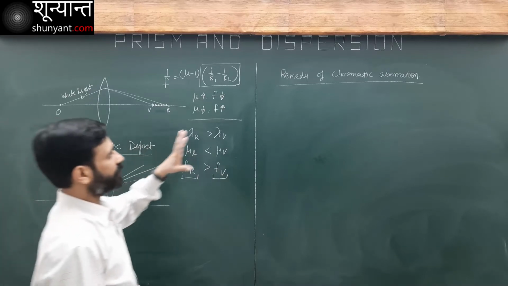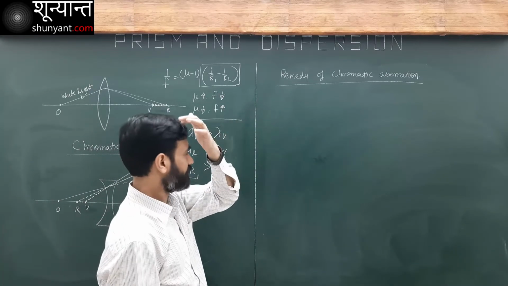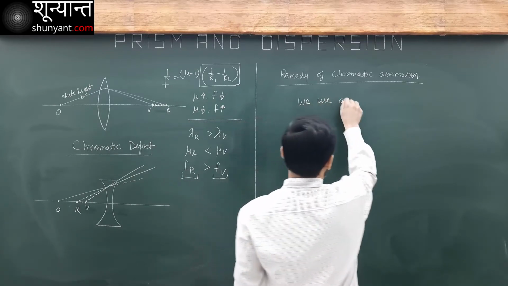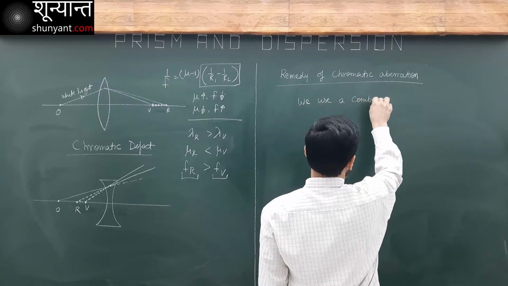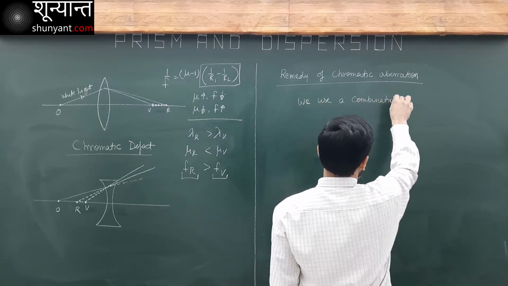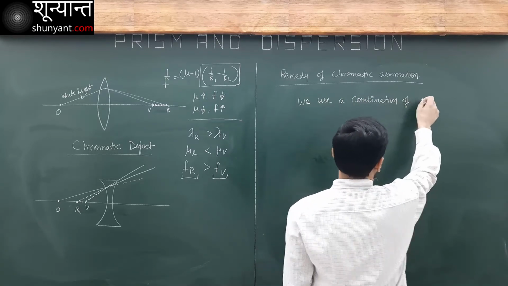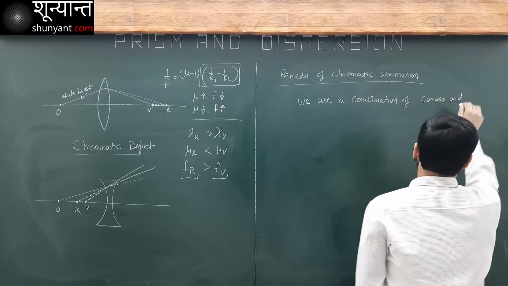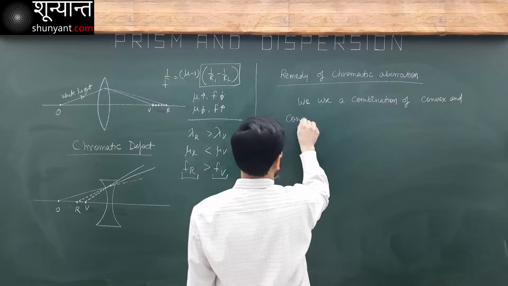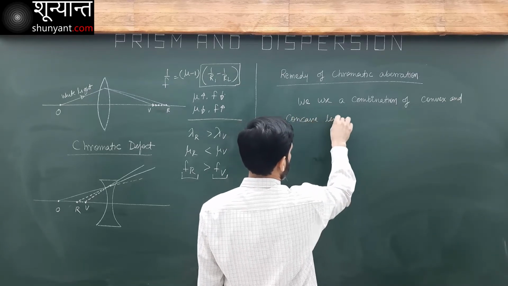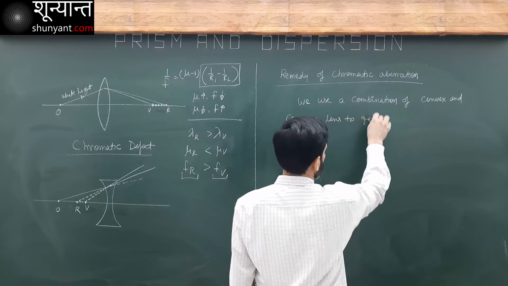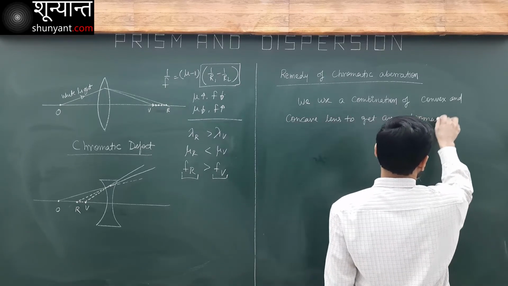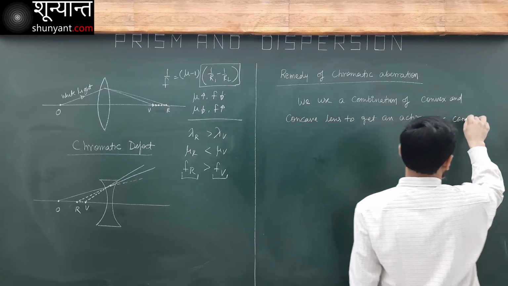Now, what is the remedy for this? The remedy is that we use a combination of convex and concave lens to get an achromatic combination.